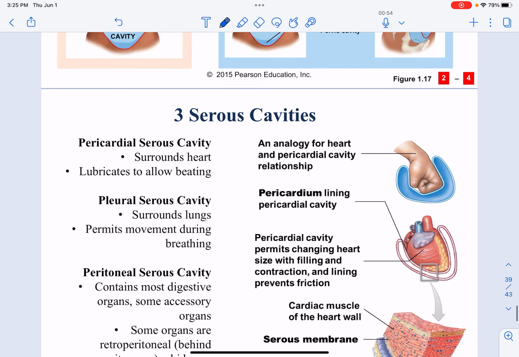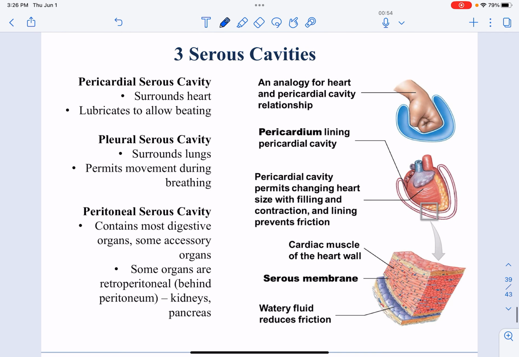So let's talk about the names of the membranes that surround these organs and cavities, okay? There are 3 cavities that are of a specific type.